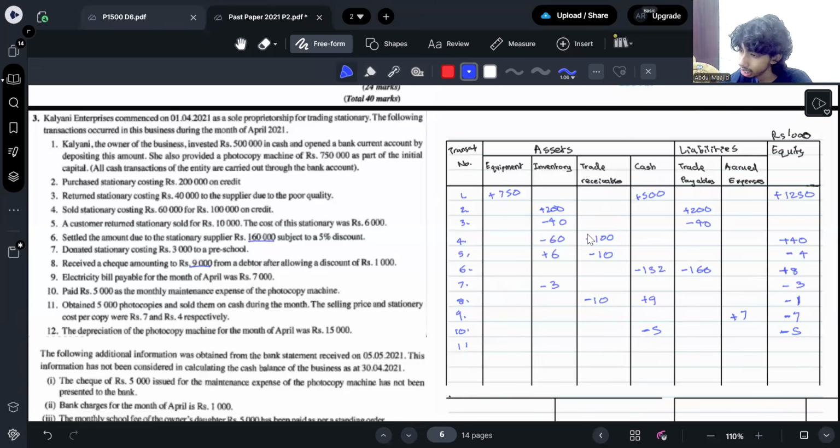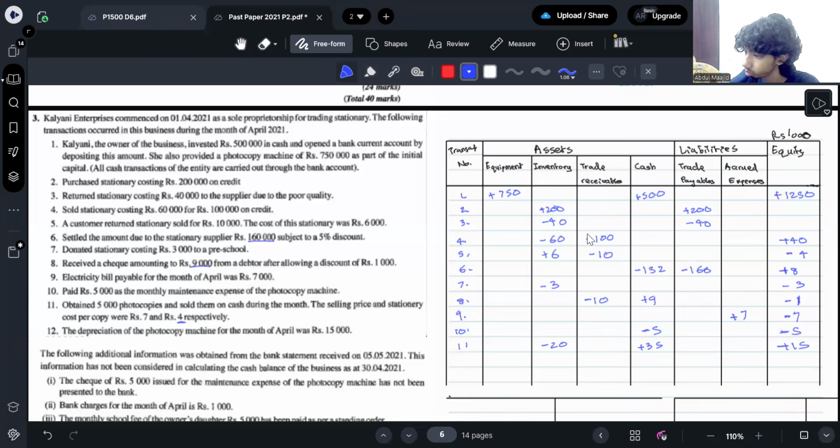So the income is 5,000 photocopies into 7 rupees each, 35,000, which you're getting in cash. So cash plus 35. The stationery cost is 4 rupees into 5,000 copies, that is 20. So stationery inventory minus 20. So the profit you're getting here is 15, equity plus 15.